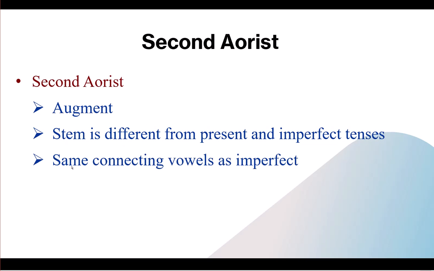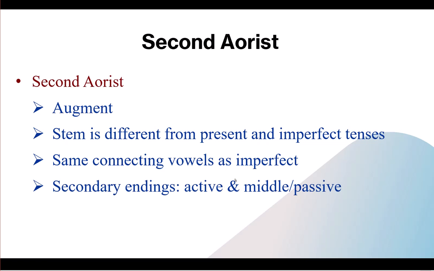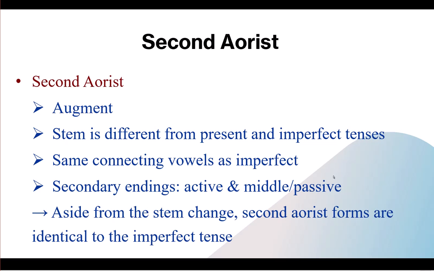The second aorist has the same connecting vowels as the imperfect, and it has secondary endings, the same active and middle passive endings as the imperfect. So essentially, aside from the stem change, second aorist forms are identical to the imperfect tense.